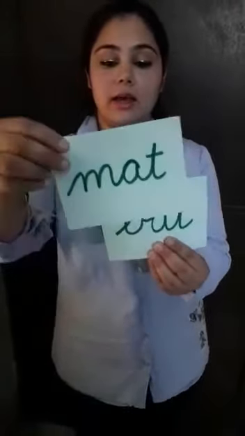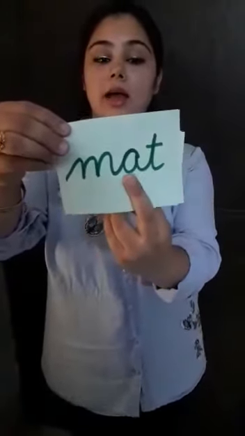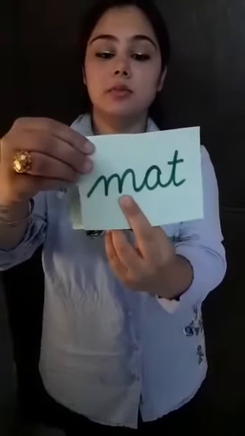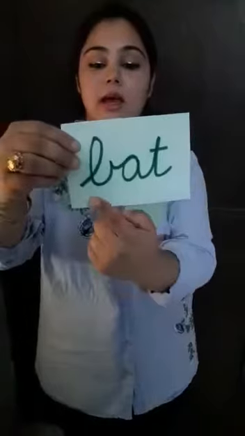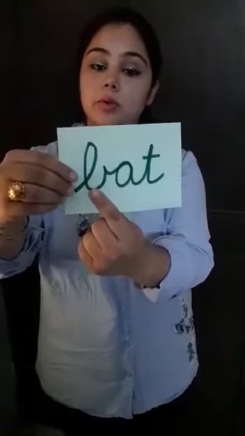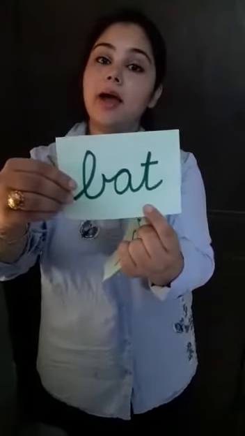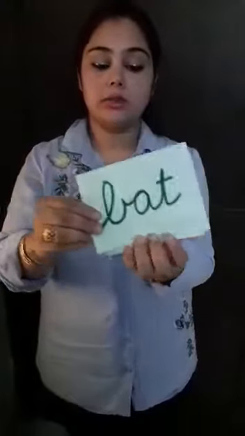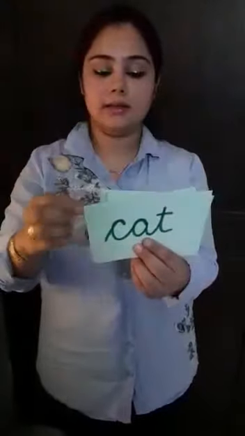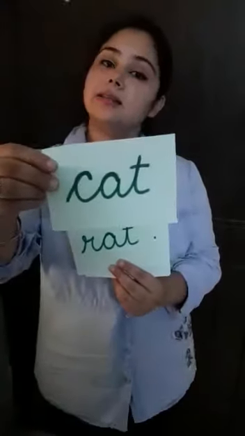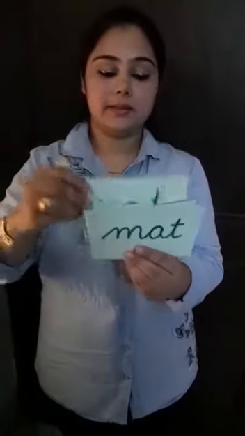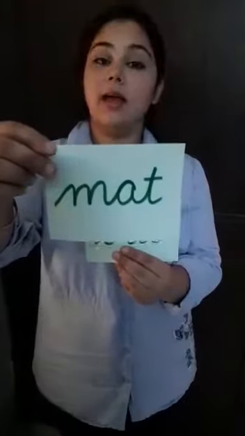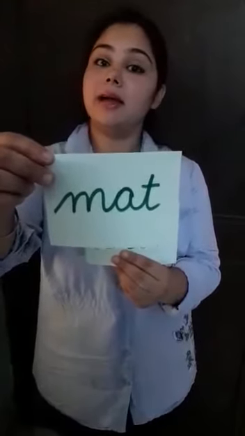And next we have m, at, mat. And yes, we have b, at, bat. See, all are at words. B at bat, k at cat, r at rat, and m at mat. See, we have done at words.